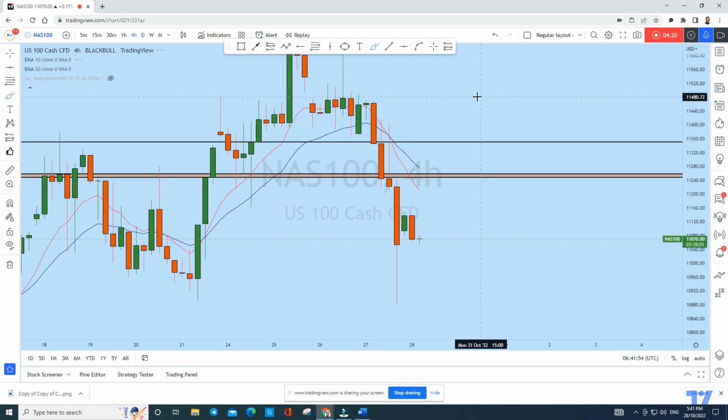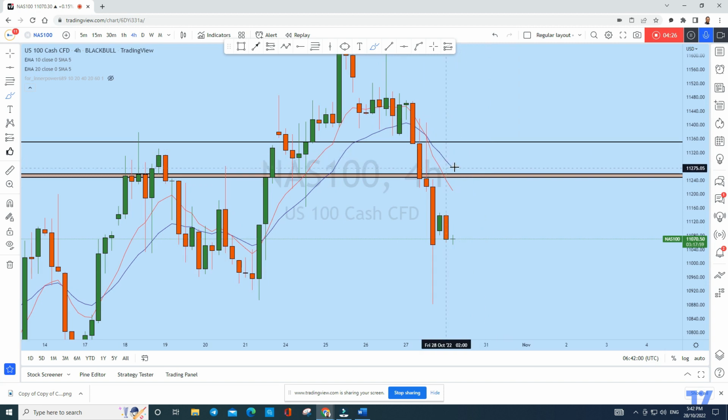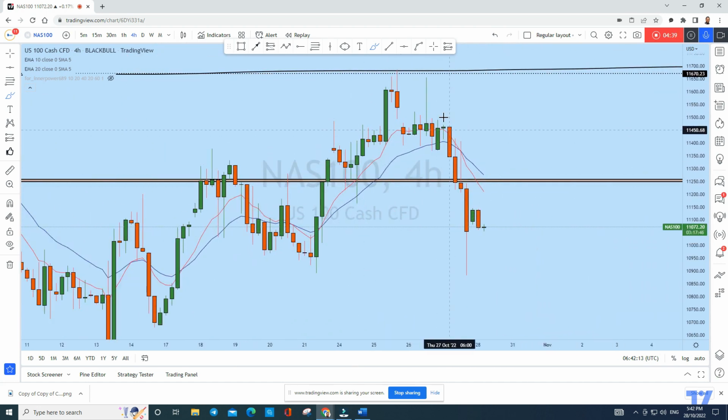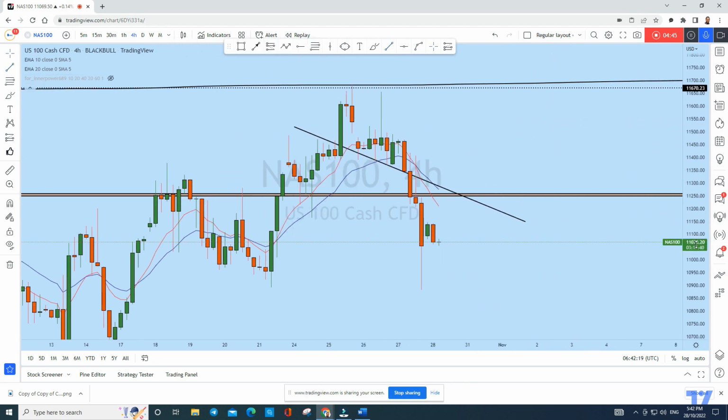Looking at the intraday perspective, we see that the same zone is aligning with the 4 hour time frame moving averages, which are above this level, and there is also a strong rejection in the same zone with multiple tests of this local reversal pattern. So let's draw a possible trend line where we can expect the price to be tested and rejected.